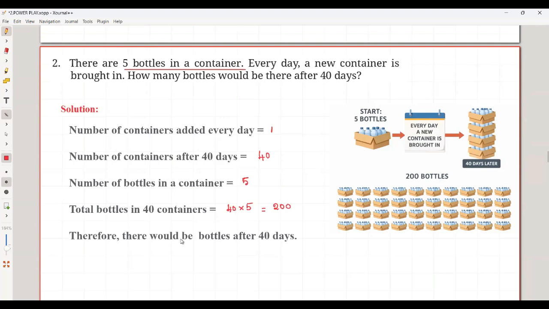Therefore, there would be 200 bottles after 40 days. So you have to write the answer like this: there would be 200 bottles.